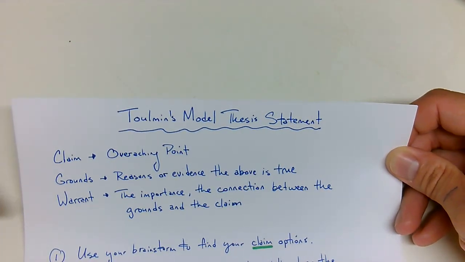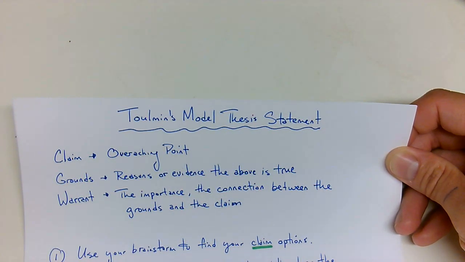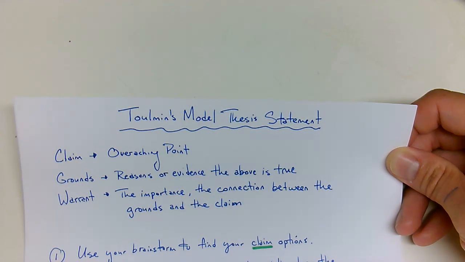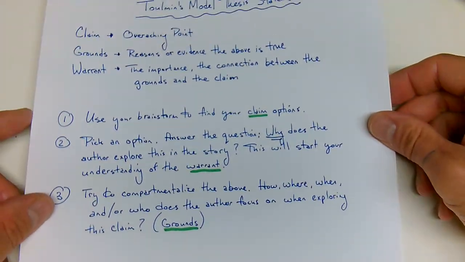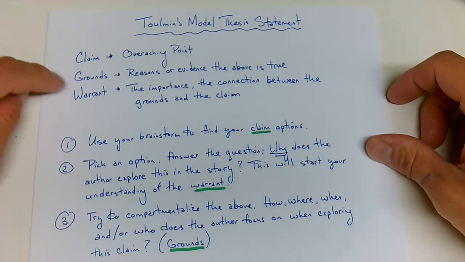And these are very abstract definitions, and it's difficult to understand what they mean just by reading them. So let's take a look at a step-by-step process of how to get these things accomplished.